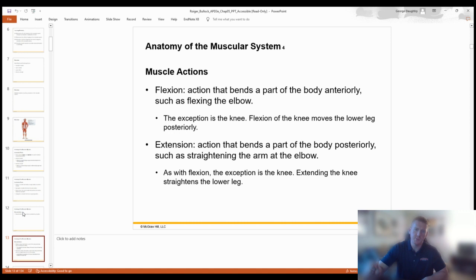Now, how do we know the difference between flexion and extension? If I flex the elbow, who's to say that wasn't a type of extension? How do we identify the difference? The way that you know the difference is always referring back to that anatomical position. The anatomical position, standing upright, hands are pronated, arms are down by the side, feet are relatively close together.